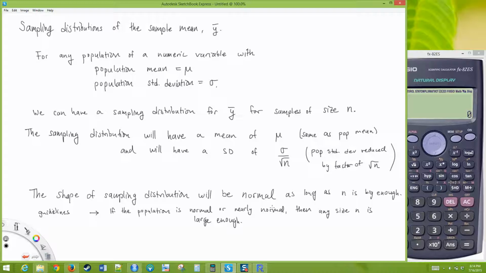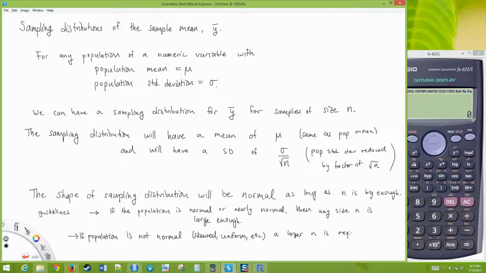Okay. On the other hand, if the population is not normal, so if it's skewed, uniform, etc., okay, a larger n is required.